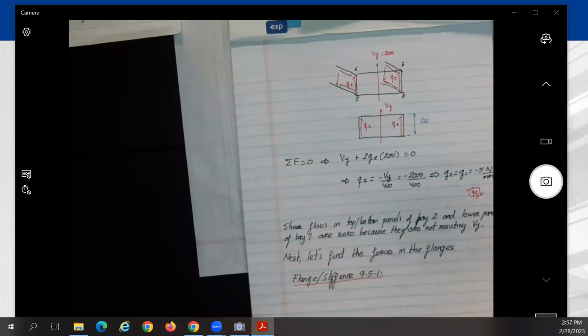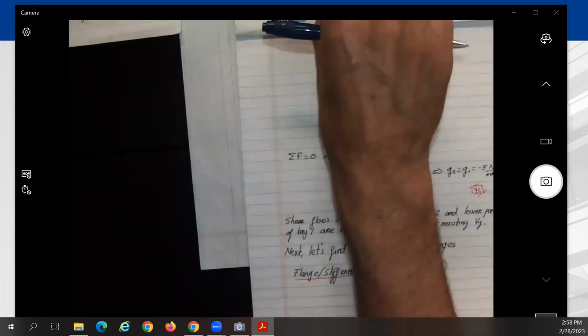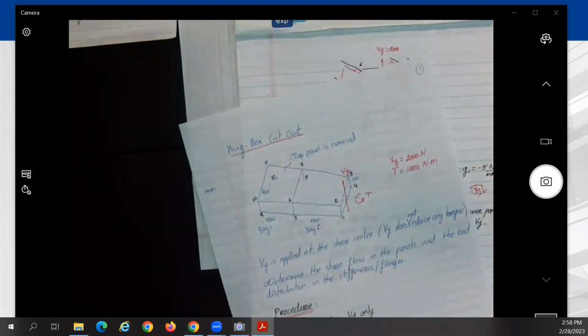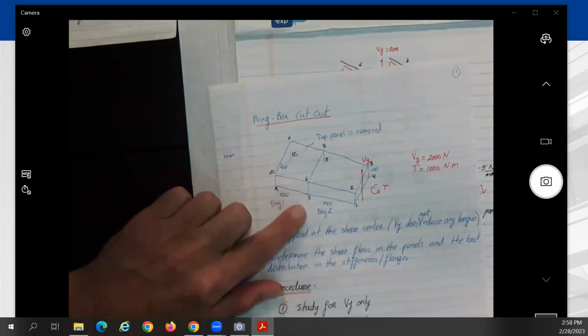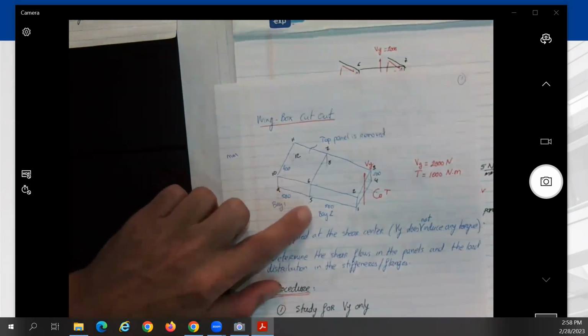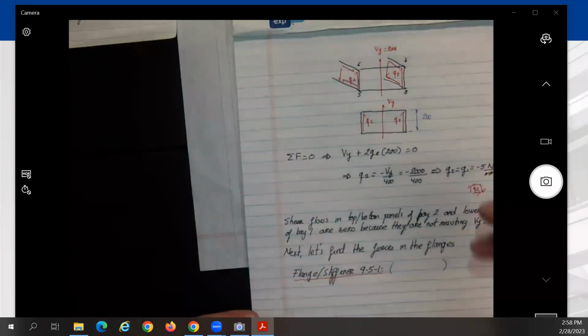Before we do the calculations, let me ask you a question. If we just consider the force Vy, the top, should it be in tension or compression? The top would be in compression. The bottom, tension. So 951, that member would be in tension or compression? Tension, no? Okay, just to know about the sign.